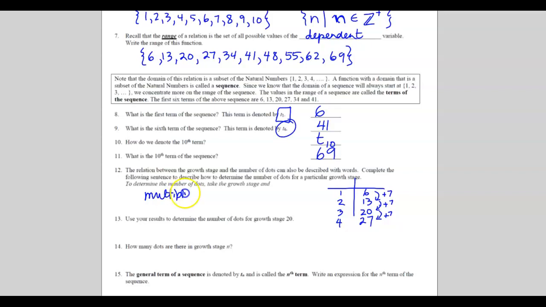So remember how you did an equation of a line? If this was x and y, you would say y equals 7x, and then you would figure out the y-intercept. Basically, if it was 0, what would you get? In this case, you would get minus 1. So if you have your growth stage and you multiply it by 7, this is always 1 less than that. Okay, so multiply by 7 and subtract 1.